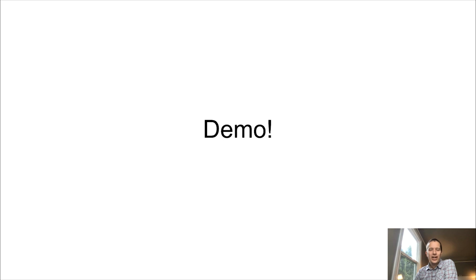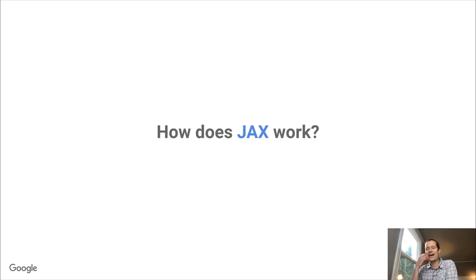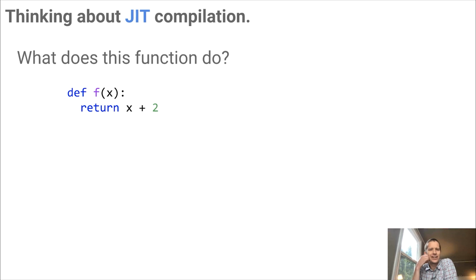So lastly here, let's talk a little bit about how JAX works. How is this JIT compilation happening when you pass an arbitrary function to it? It's a little bit different than other JIT libraries out there. We can think about it by looking at this function and saying, what does this function do? You might say that this adds 2 to x, and you'd be wrong, because in Python, function variables can literally be anything.